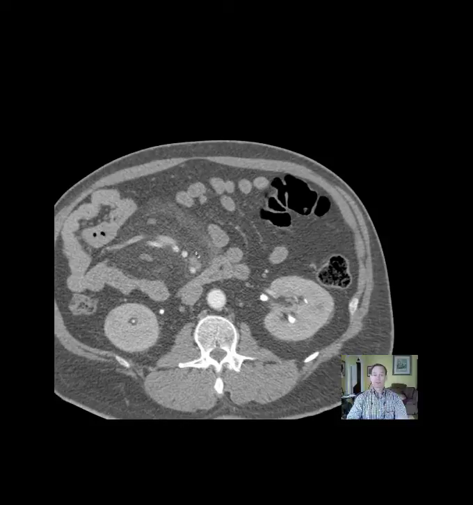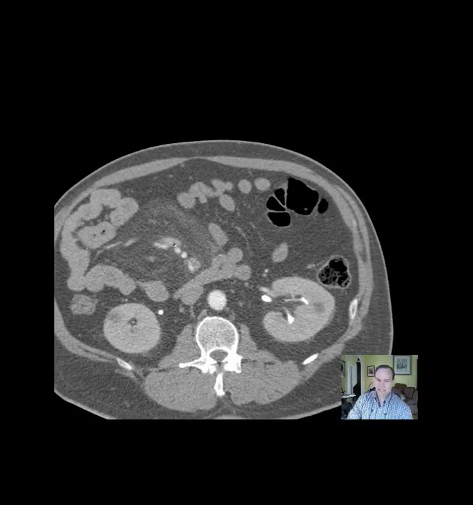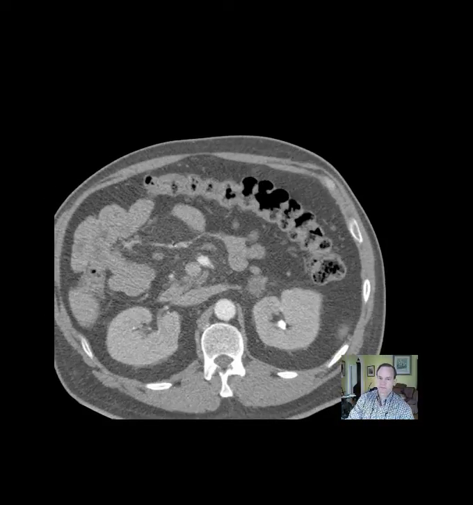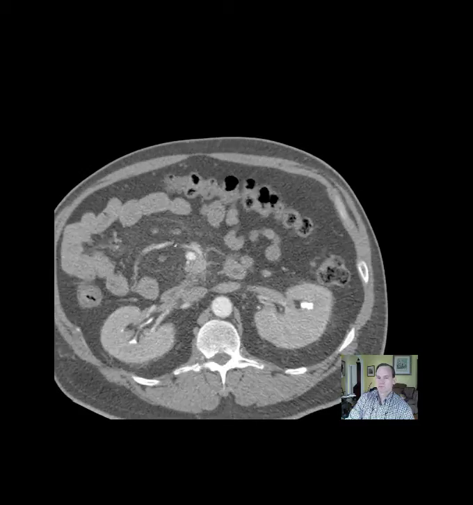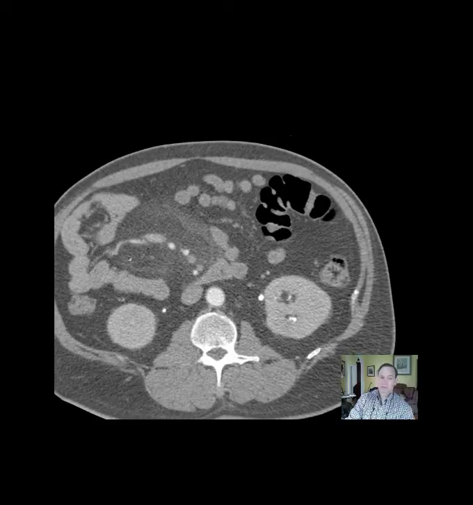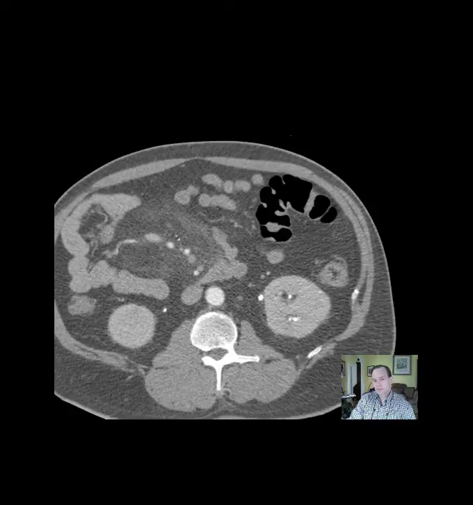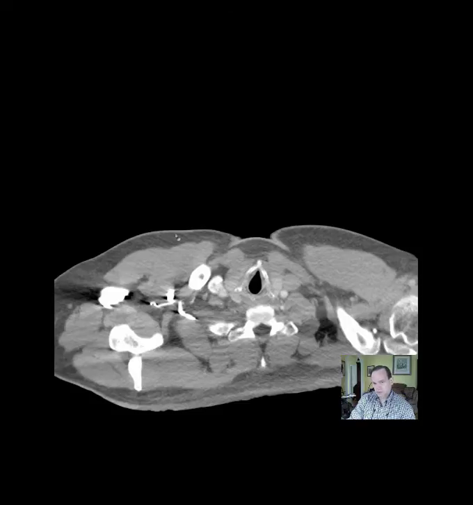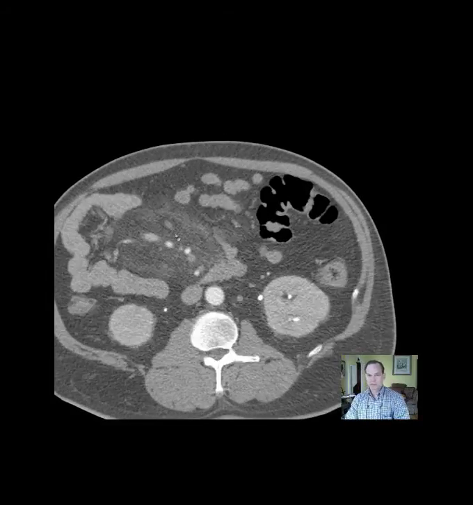But I think sclerosing mesenteritis is a good term to know, and misty mesentery is just a nice little descriptive term that radiologists are more often familiar with. Another phrase that's used is mesenteric panniculitis, which is a sort of subcategory of that.